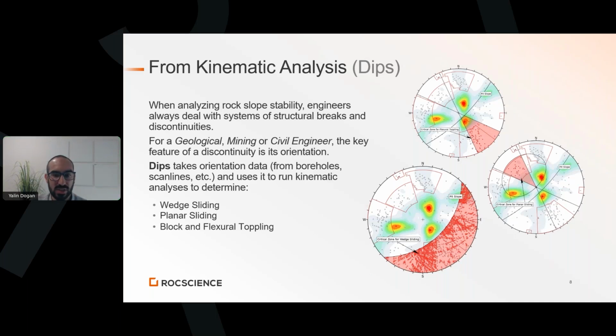As engineers, we have to look at the characteristics of these discontinuities to determine whether any of them can form blocks for wedge, planar, or toppling type mechanisms that could cause failure on the slope. And we don't want any of these failures to impact our local infrastructure, mining operations, or projects as well.